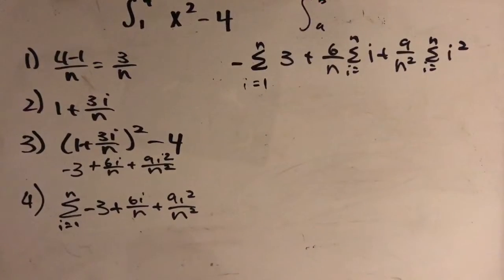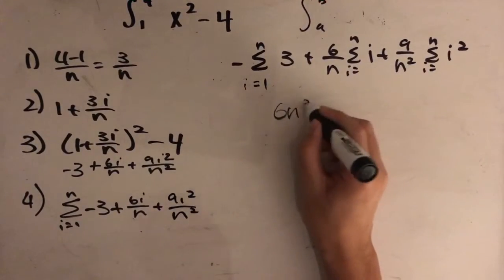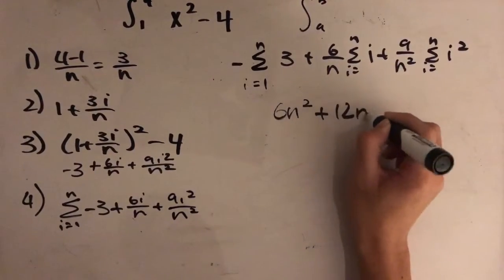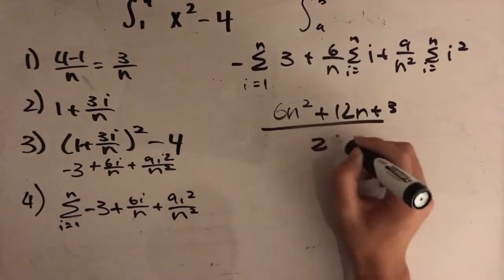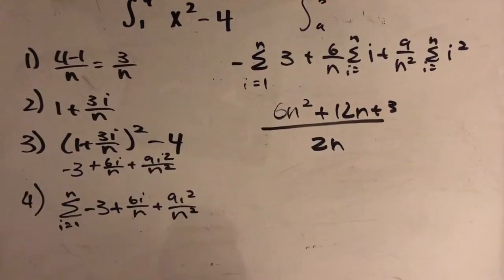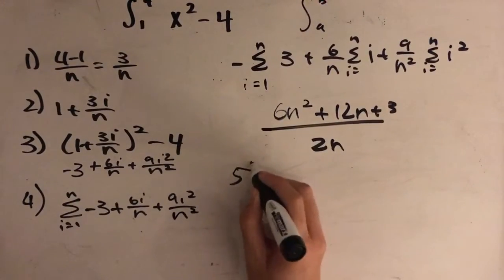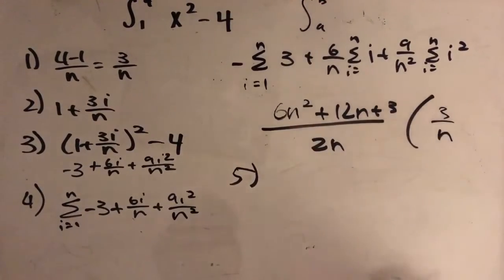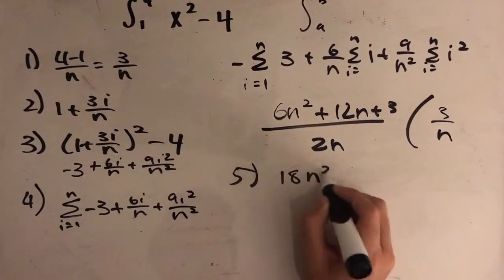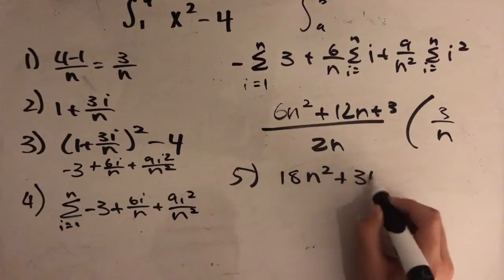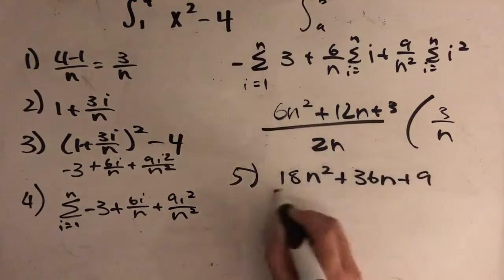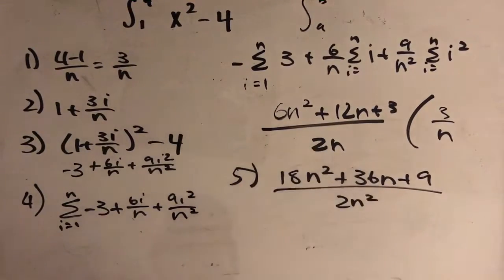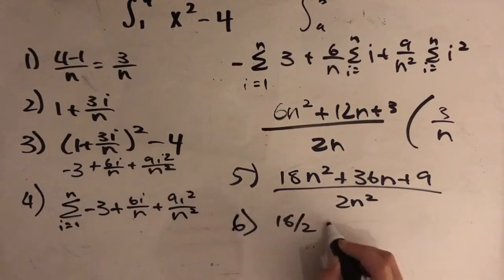And I'm just going to go ahead and say that this simplifies down to 6n squared plus 12n plus 3 all over 2n to save some time. And step 5 would be to multiply whatever this is by change in x, which is 3 over n. And that would give us 18n squared plus 36n plus 9 all over 2n squared. And the last step would be to take the limit as this goes to infinity, which would be 18 over 2, which is equal to 9.